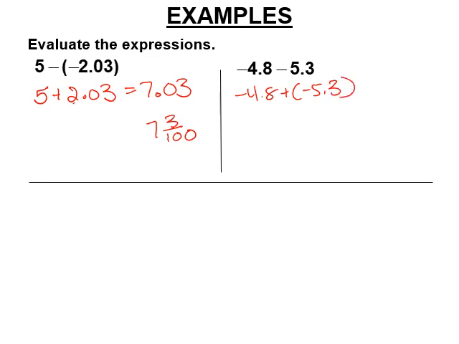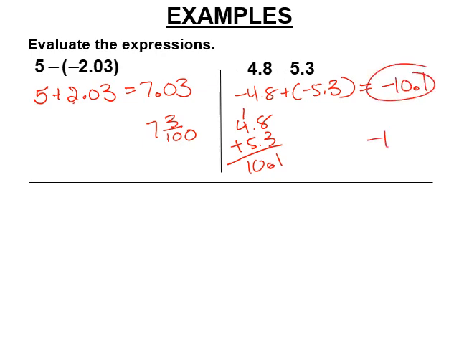No, we added the opposite. I didn't mess up. I thought I did for a second. So 4.8 plus 5.3 is 10.1. So this is negative 10.1, also known as negative 10 1/10. One place past the decimal is tenths.